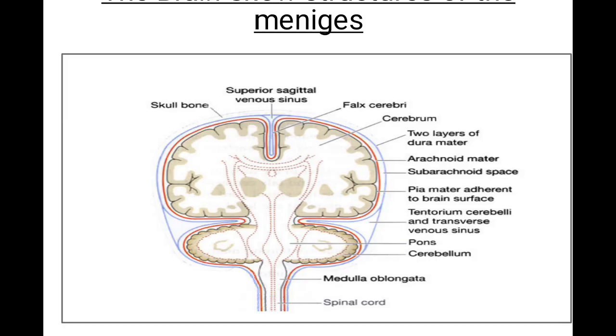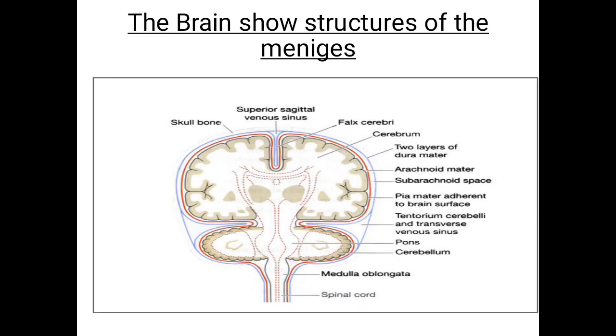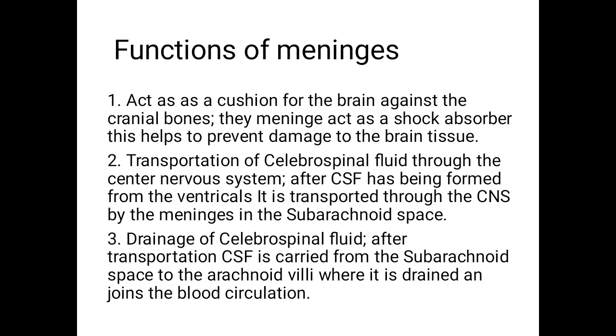So if they tell you to draw something that looks like this, what are some of the functions of meninges? Meninges act as a cushion for the brain against the cranial bones. They act as a shock absorber, which helps to prevent damage to the brain tissue.